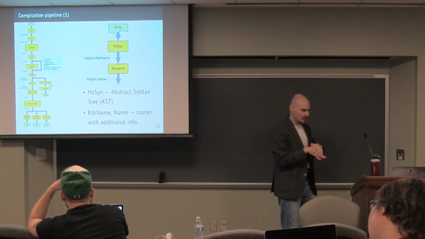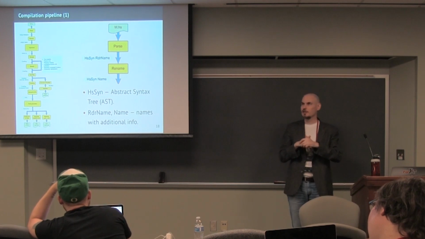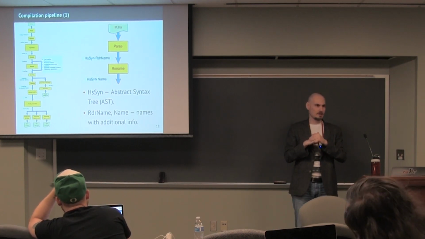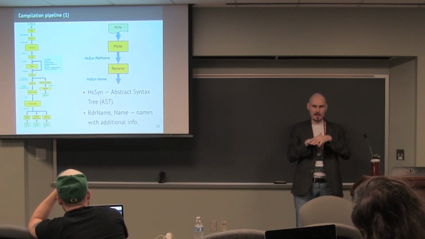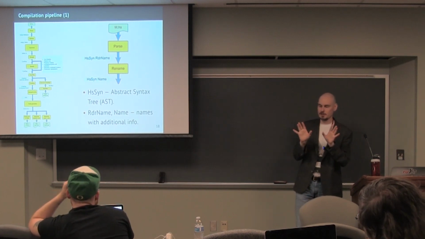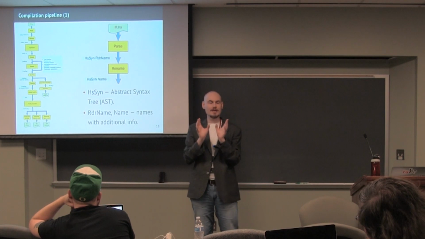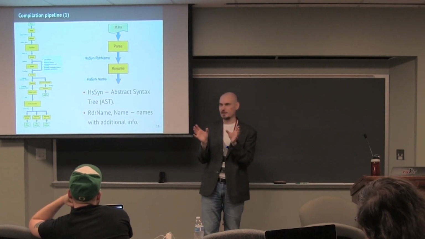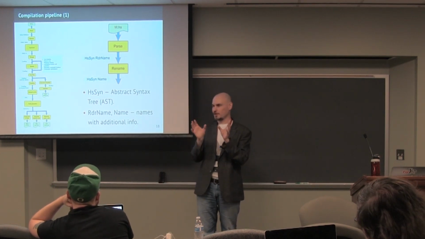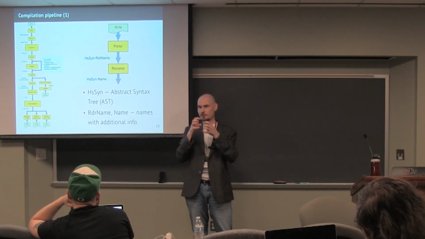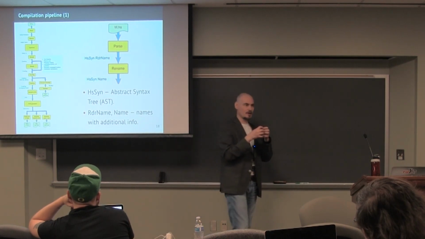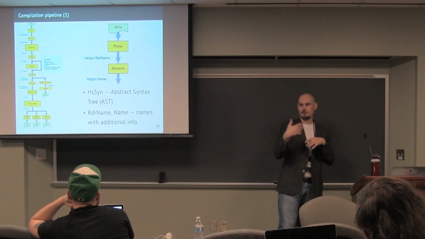Maybe you've heard about such an extension, duplicate record fields. So in Haskell, generally, it is impossible to have the same field names in two different records. It is prohibited because from every field name, the compiler should generate an accessor function.